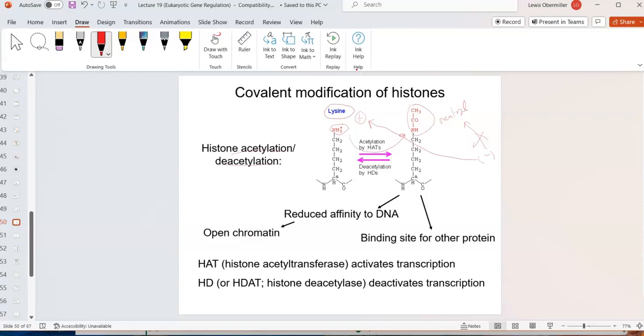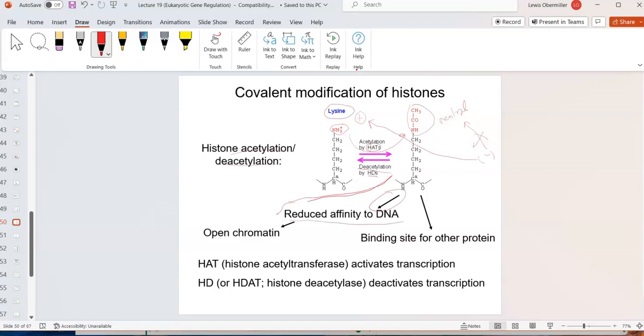All right, so we can deacetylate these. So this is a histone deacetylase. This is a histone acetyltransferase, which we just talked about. And so we can reverse this to make them positively charged again. So by acetylating them, this is all part of this. That's kind of what this here is.